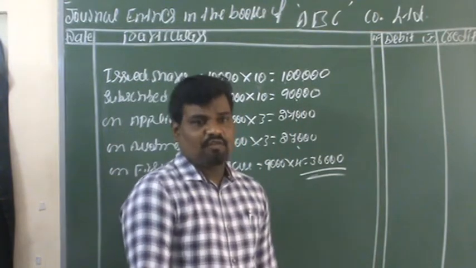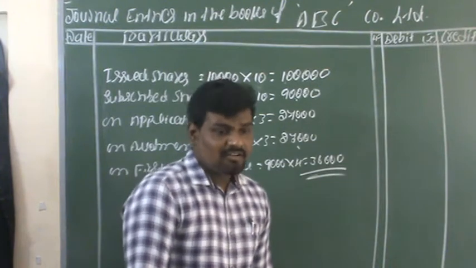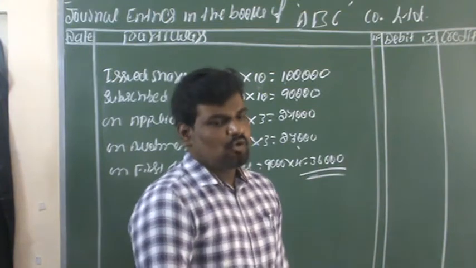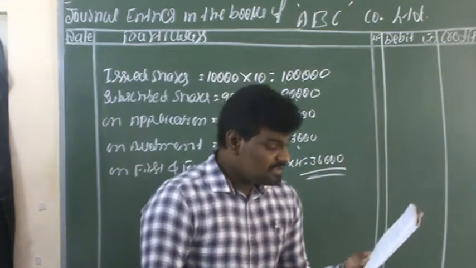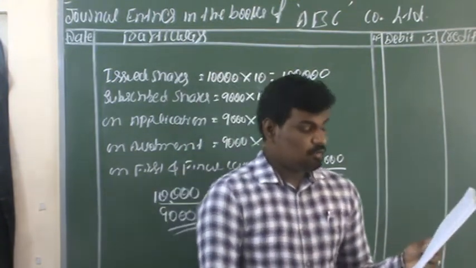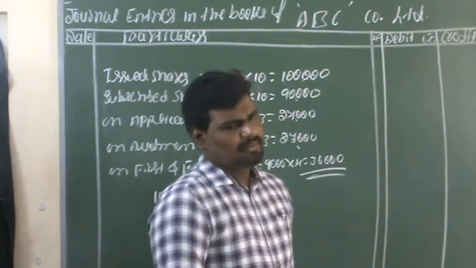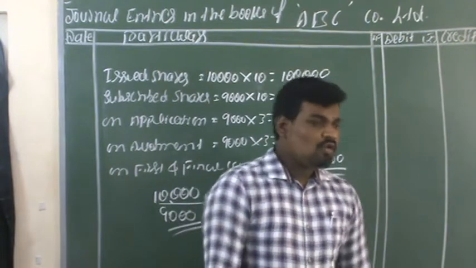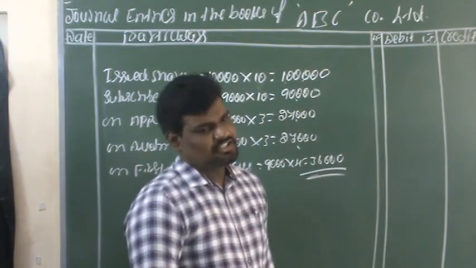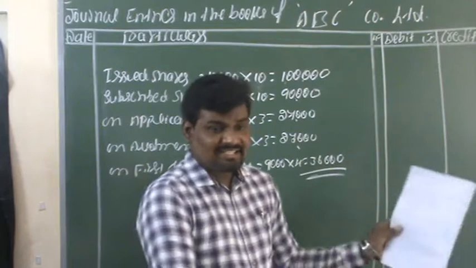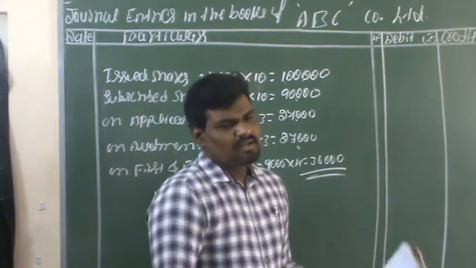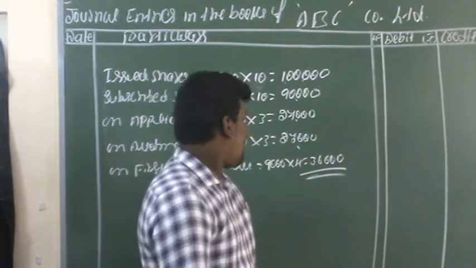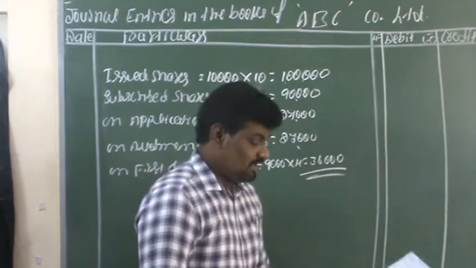Ram is paying rupees 9 per share. In the beginning the value of each share was 10 rupees, but now we are allotting them at rupees 9 per share to Mr. Ram because these shares were forfeited. That's why, compared to the original value, we are offering them at rupees 9 only.